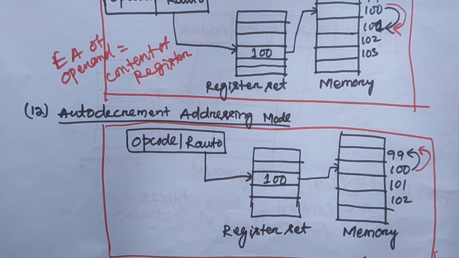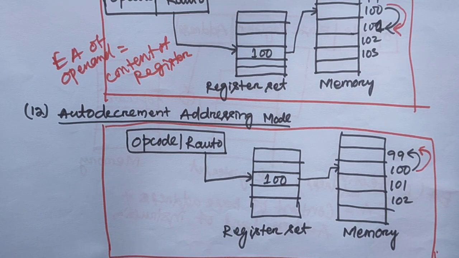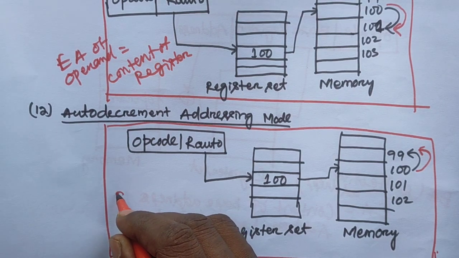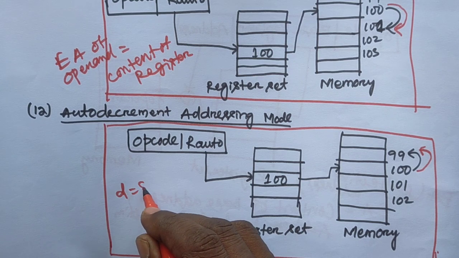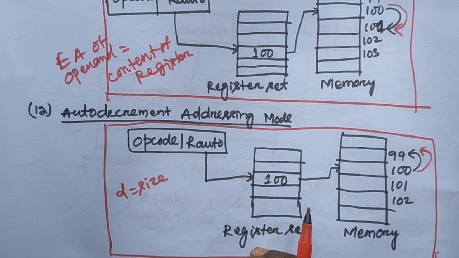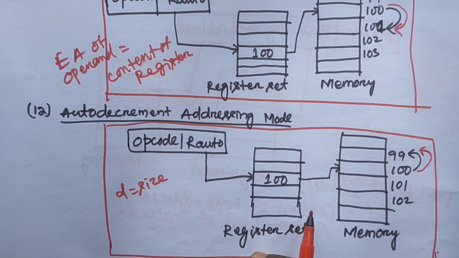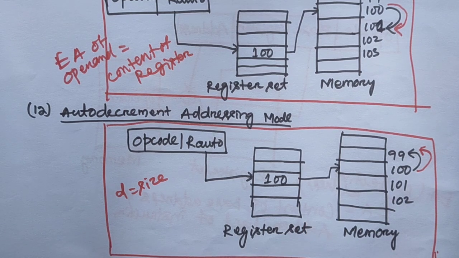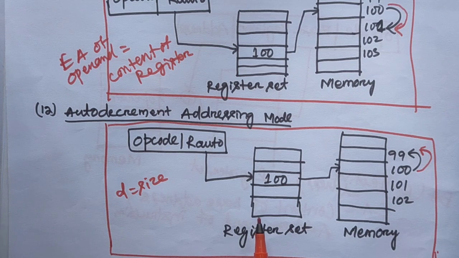This increment or decrement is defined through a certain value, that is the size d. What value we define will depend on the size, which is defined in different ways. I will show you in a very simple way how the size will decrease, and you can understand accordingly.